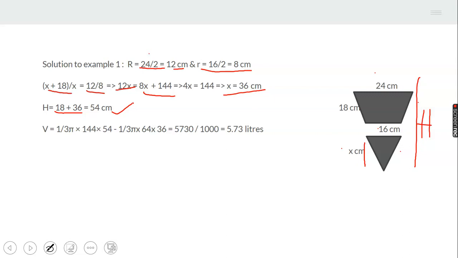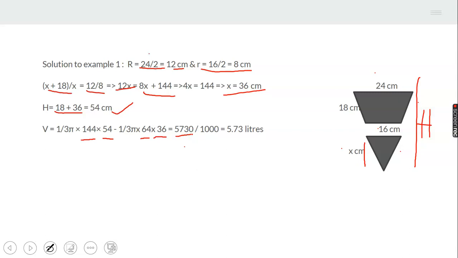Now, to find the volume of the bucket, which is a frustum, it will be the volume of the entire cone, which will be 1 over 3 pi times big R square, and that will be 144 times the big height, which is 54. Then minus 1 over 3 pi times the radius squared of the smaller cone times the height of the smaller cone.